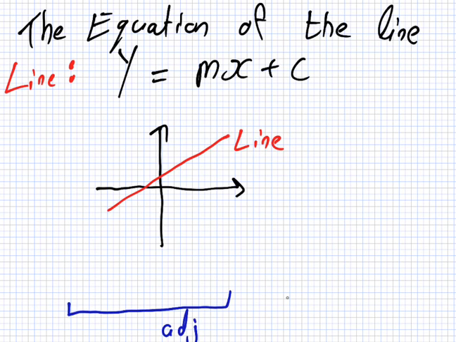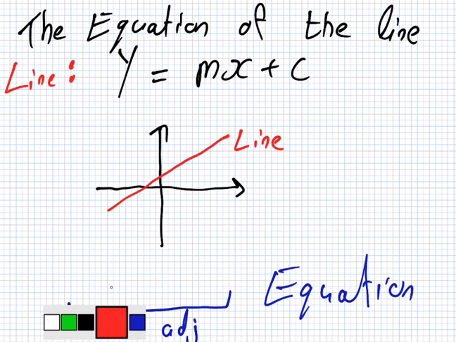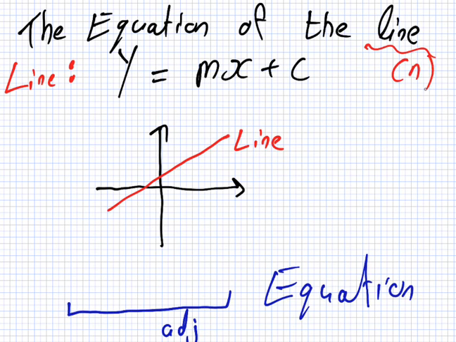Adjective, equation. So there's a word I can put here that means line. In other words, my question is this: if line is the noun, what's the adjective? Spell? Just L-I-N-E like this? I-N-G.